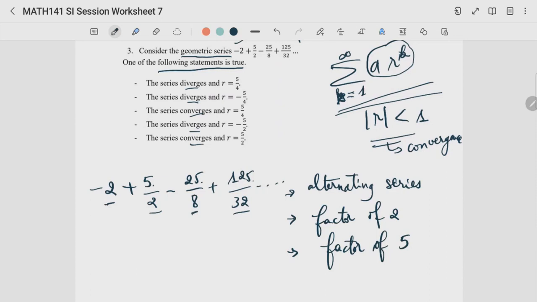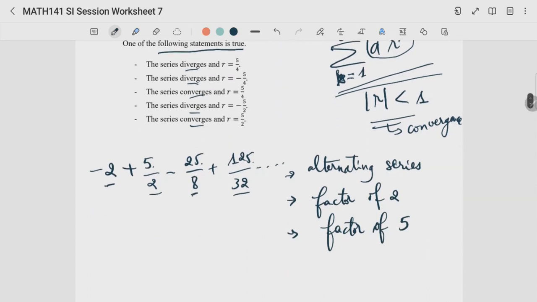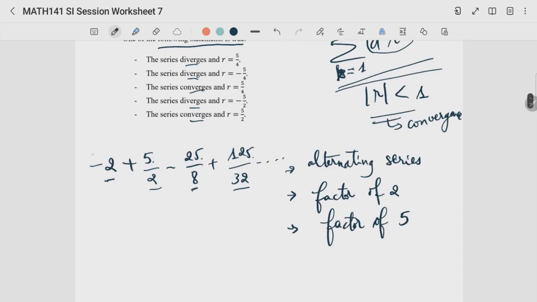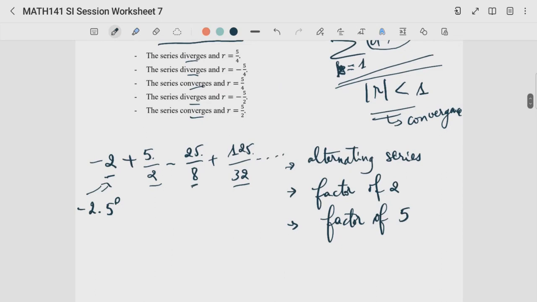Well, if you think about it, the first term also has a factor of 5. You can just rewrite it as -2 times 5 to the 0. The only difference is that the exponent is 0 there, so it just becomes 1. But there is also a factor of 5. So these are the three observations that you can make.